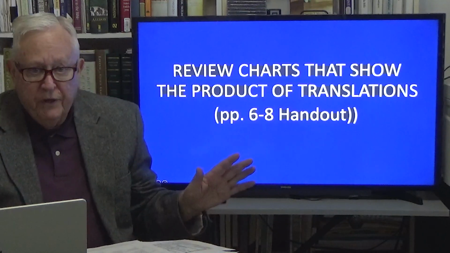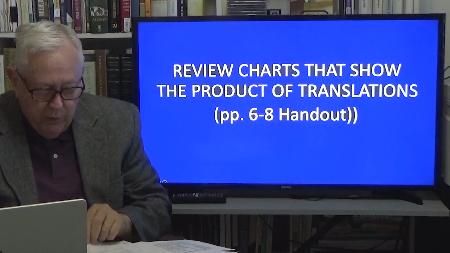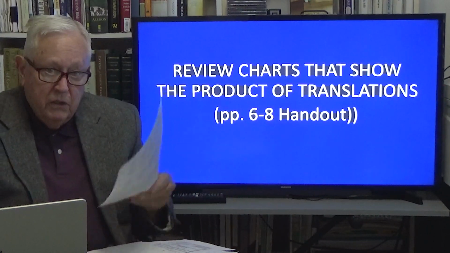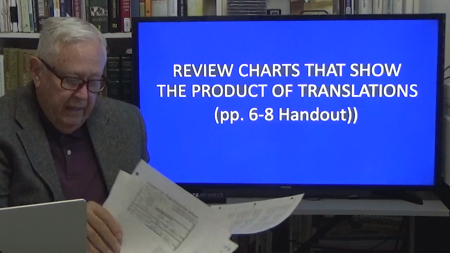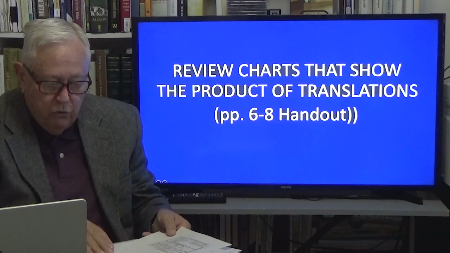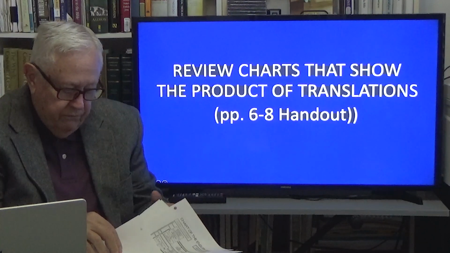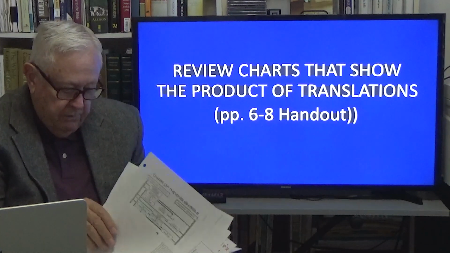Man, this is so much fun. I could just spend a week going over illustrations with you. You find your own, you lay it out like I have, and you will find yourself in a whole new world of Bible study in terms of versions. Don't forget something here.